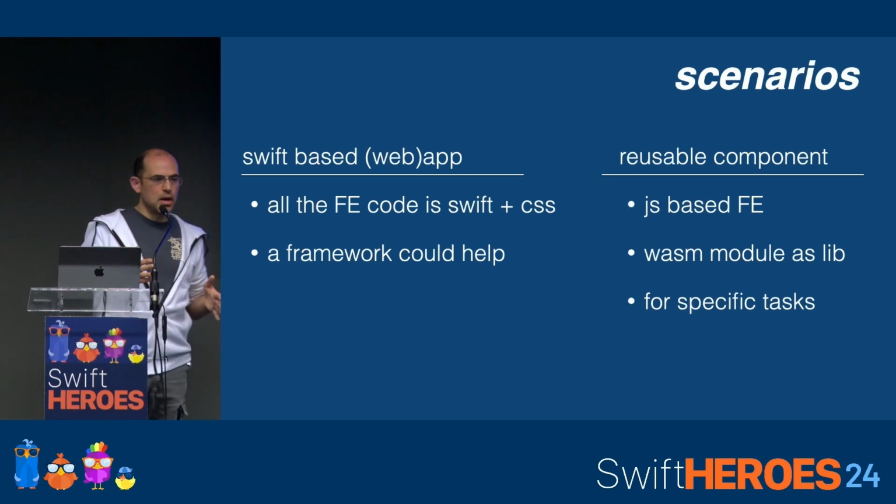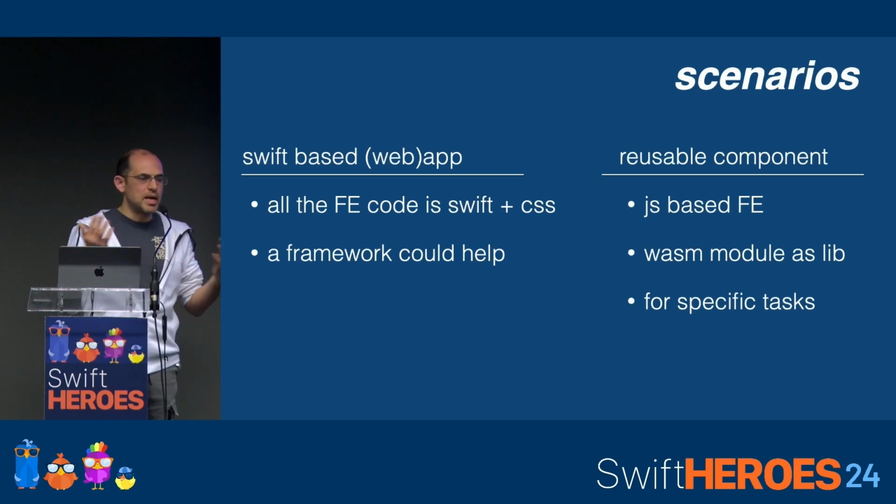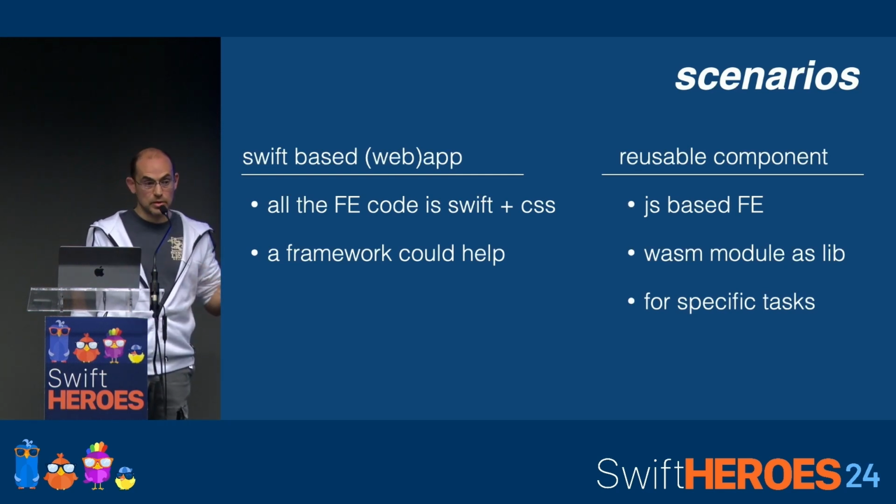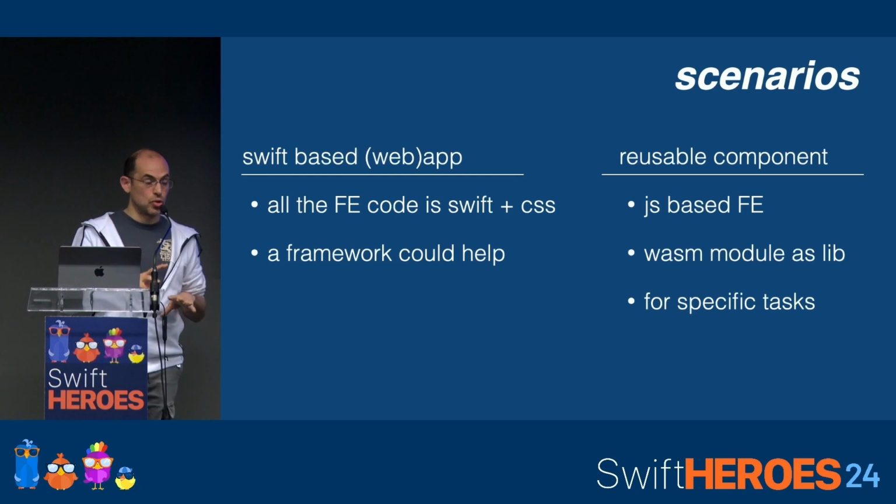In this way, you can do everything by hand, but it's a huge amount of work. Maybe it's useful to have a web Swift framework that gives you all the stuff, and you only add your application code, not the wiring and all the architecture and so on.